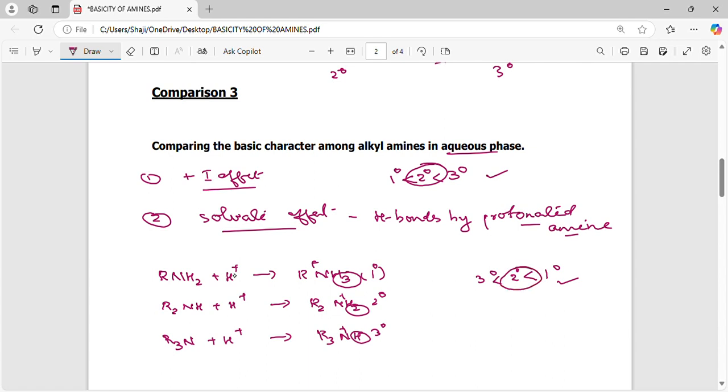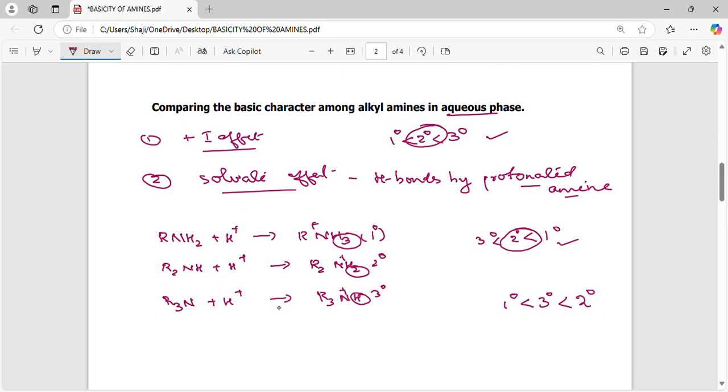Secondary amine is the one with the most basic character. After secondary amine, we go for tertiary and then primary. This order is applicable for all amines except methylamine, all the higher amines. But for methylamine, you take secondary after primary and then tertiary. This is only for CH3NH2.